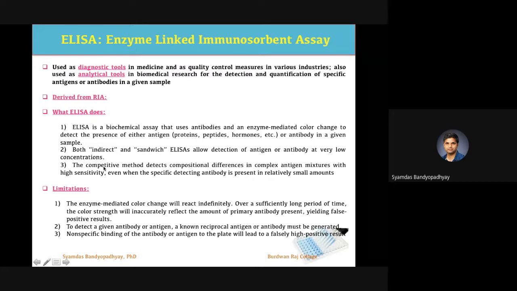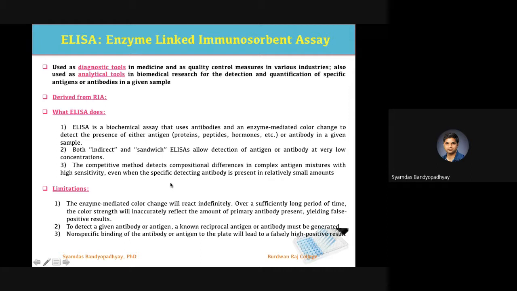So the competitive method is another variation of ELISA that will detect the compositional differences. That means if a particular antigen is made up of one or two or more subunits, you can always measure the differences present in their structure. So that too with very high sensitivity, even when the specific detecting antibody is present in relatively small amount, right?